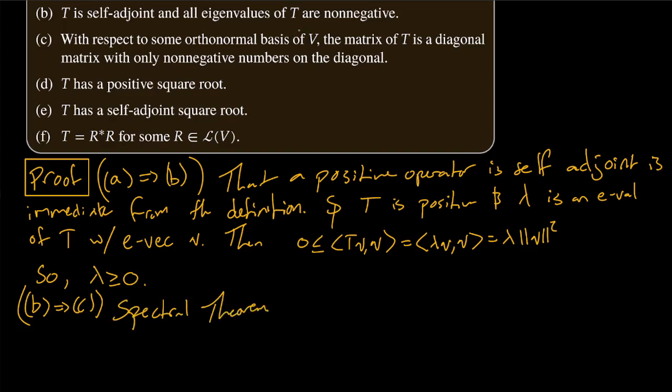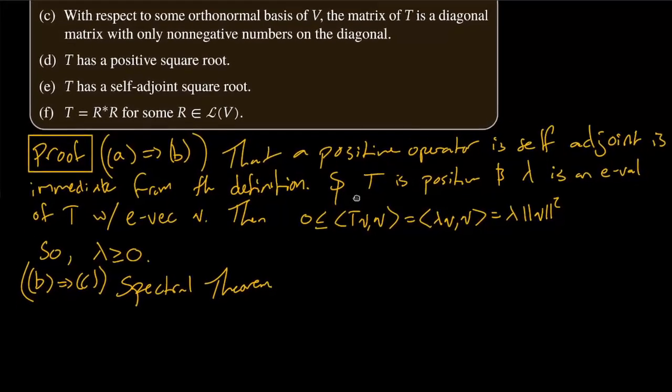That is, we've got a self-adjoint operator, and with respect to some orthonormal basis, from the spectral theorem, we know that it has a diagonal matrix. All right, then after all, the entries on the diagonal here will all be eigenvalues, which we've assumed are non-negative. So that's just the consequence immediately of the non-negativity assumption on our eigenvalues. Easy enough. So B implies C, spectral.